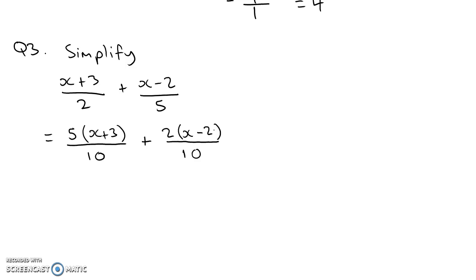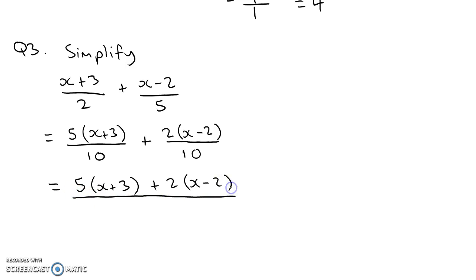Instead of just adding across the 2 numerators and adding the 2 denominators, we can just combine the numerators and write it all over the same denominator. So we'll get 5 times x plus 3 plus 2 times x minus 2, all over 10.